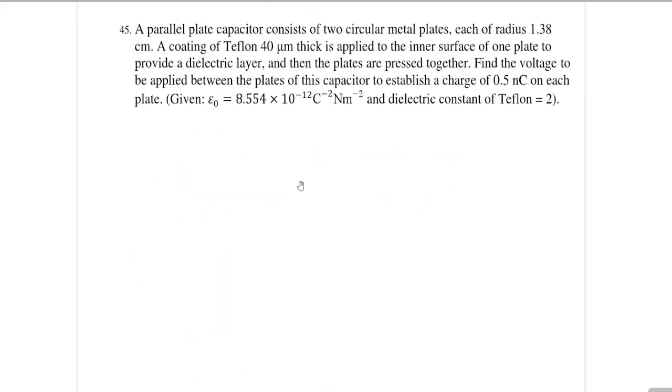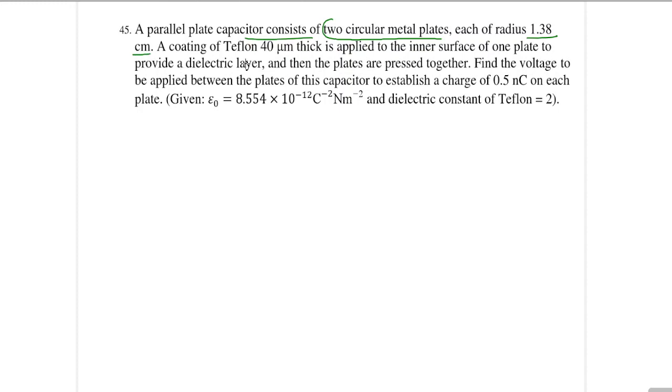We will look at the next example, which is 45. So 45 says a parallel plate capacitor consists of two circular metal plates, each of radius 1.38 centimeter.